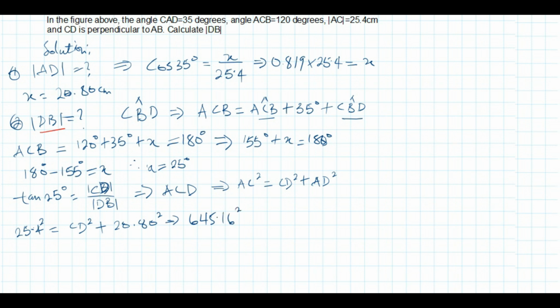So CD squared, we don't know, plus 20.8 squared, which is giving us 432.64.